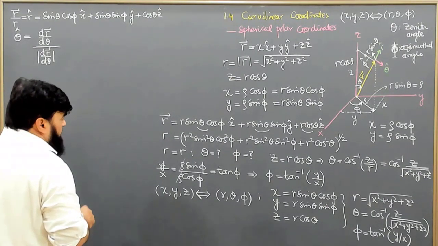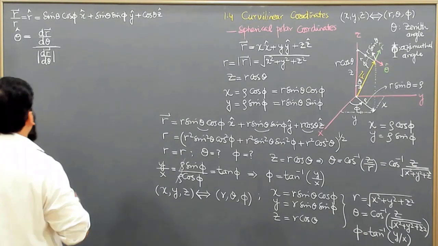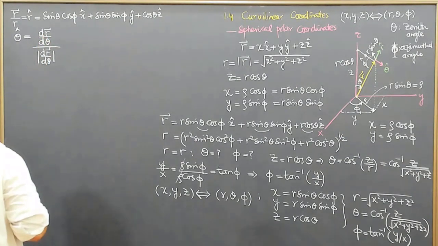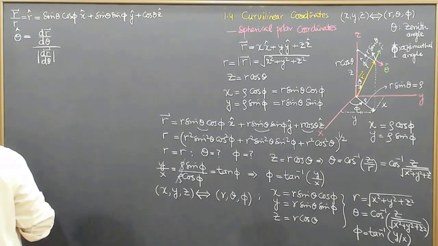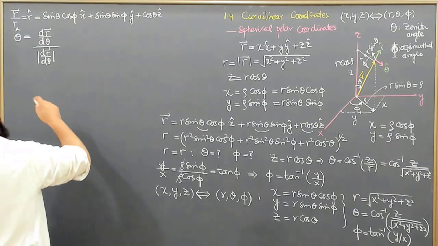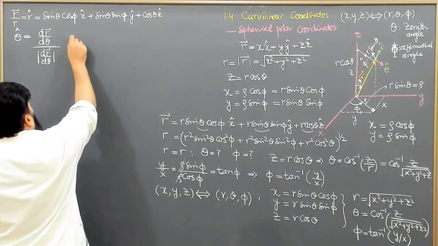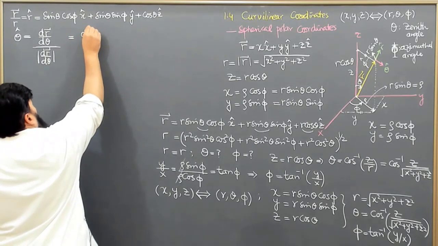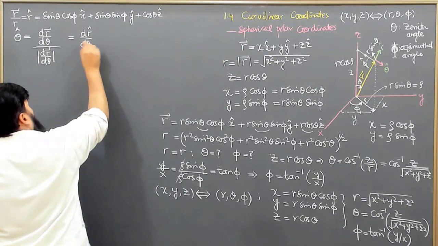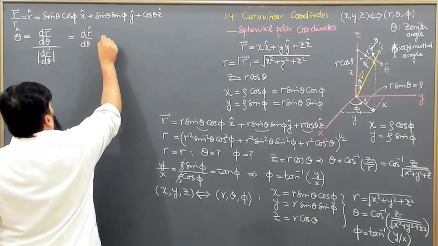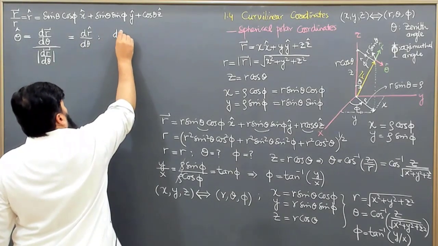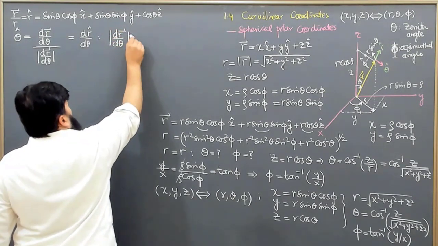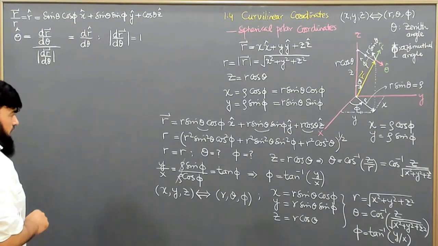This is just like varying the r unit vector with respect to d theta, because the magnitude of dr vector over d theta comes out to be equal to r, and we can calculate this one.